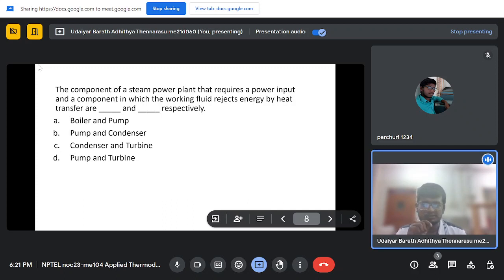I think it's a simple question. So the answer is option B, because in the pump you are giving in work, and in the condenser you reject heat. You use a cooling water line, or reject it to ambient, in the condenser. So the working fluid rejects energy in the condenser, and a power input is required in the pump, because the turbine generates power, and in the boiler you take in heat. So the left out are pump and condenser.